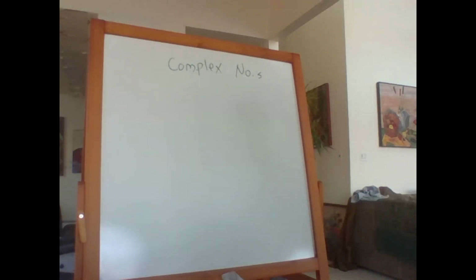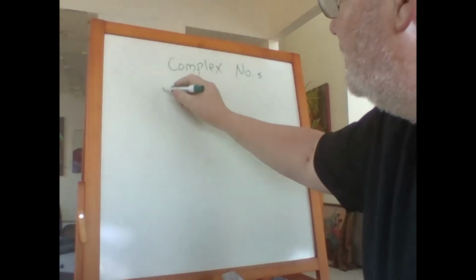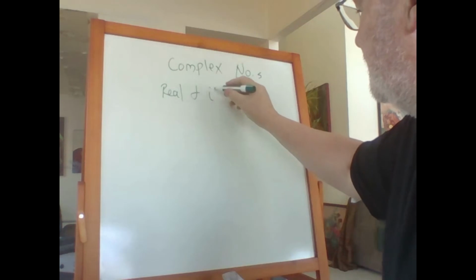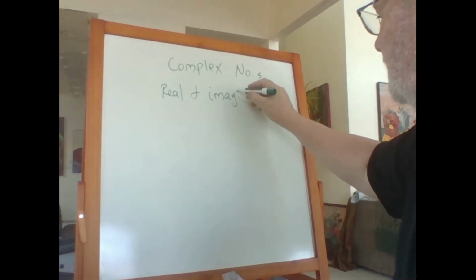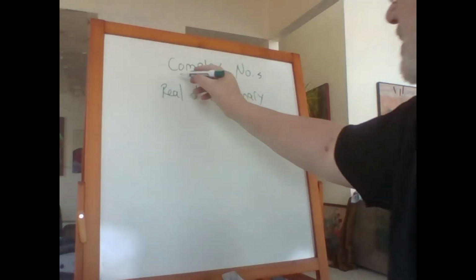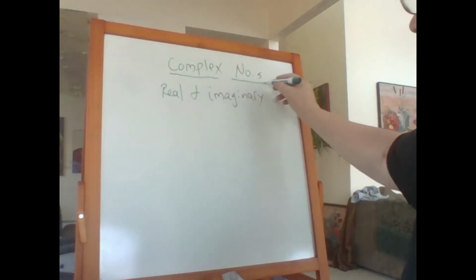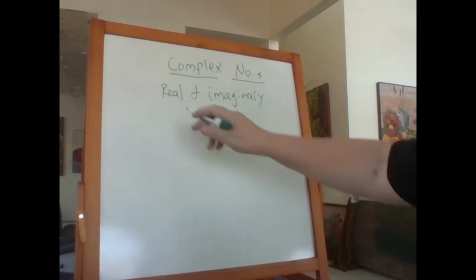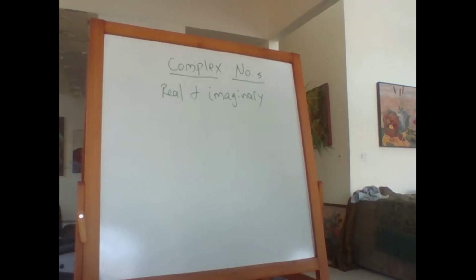They're not really difficult. They're complex in that they are made of composites of real and imaginary numbers. So that's why they're called complex, because they're numbers, but they have components to them, components that are real and components that are imaginary.